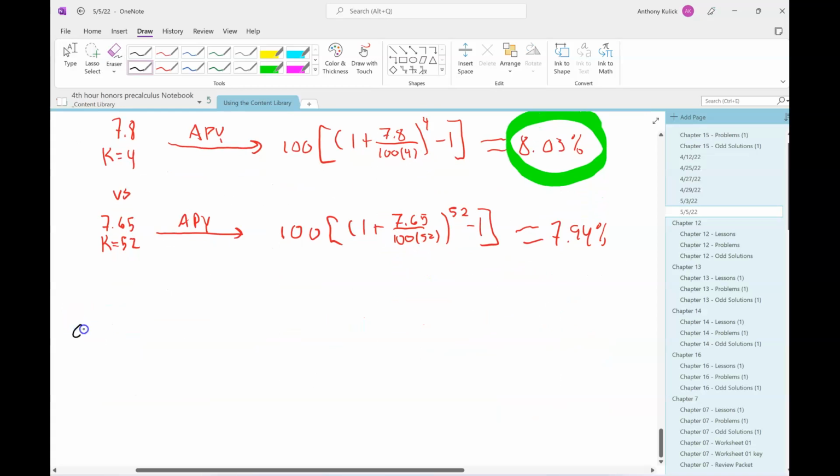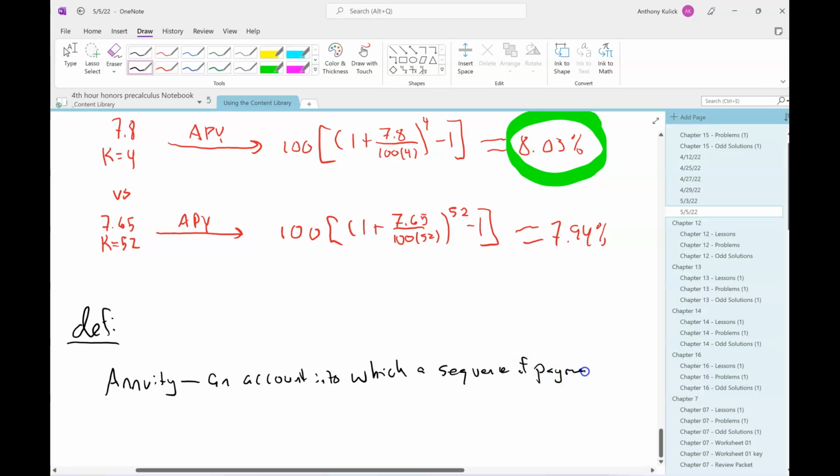Next thing we're going to define is something called an annuity. There we go. That's how you spell it. And this is an account into which a sequence of payments are made.